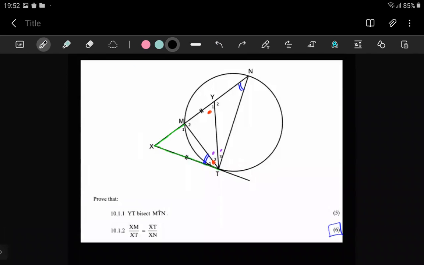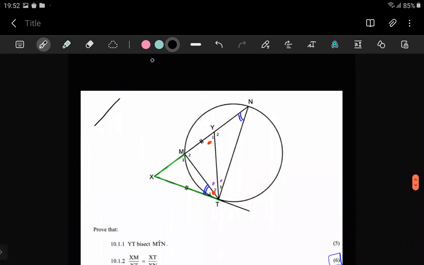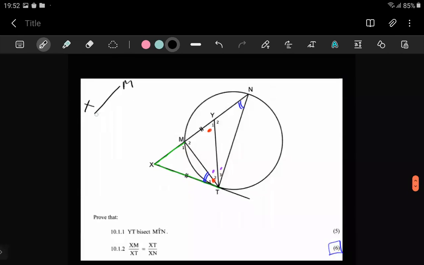It's an okay assumption, because they spoke about X, they spoke about M, and then here they're talking about T down here. So XMT, it's fine. We could assume this is one of the triangles.